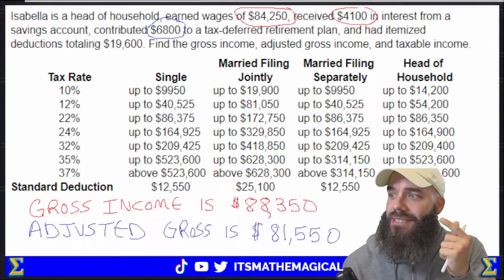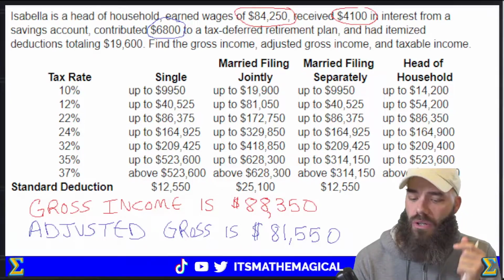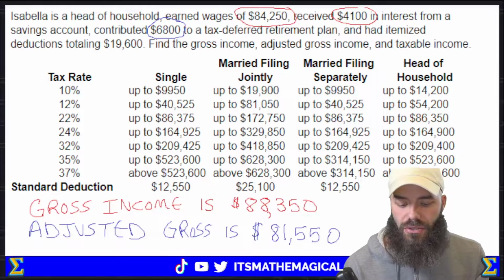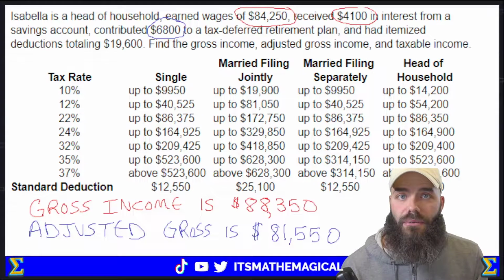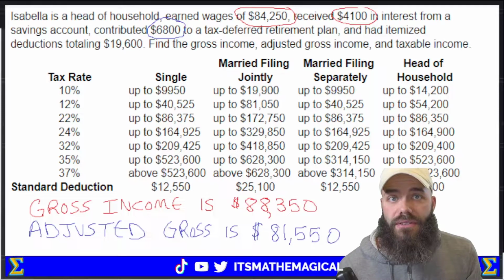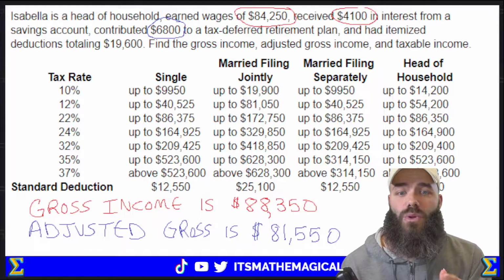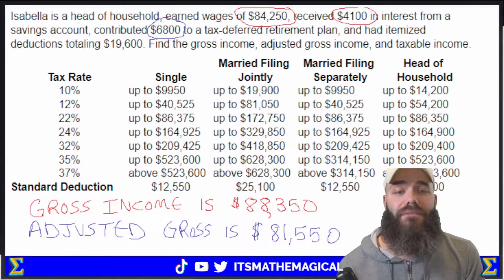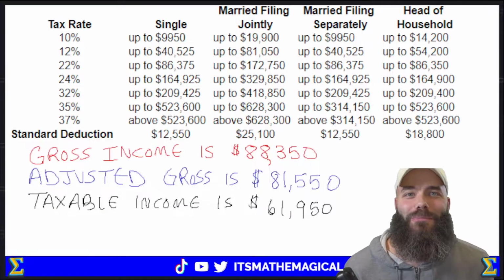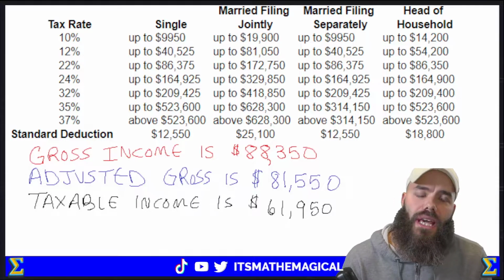And so when she takes her itemized deduction amount of $19,600 and subtracts that from the $81,550 of the adjusted gross income, she will get $61,950. Boom. So now what we want to do is calculate her tax bill.